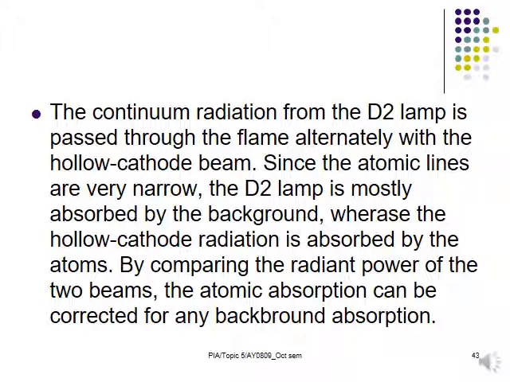Since the atomic lines are very narrow, the D2 lamp radiation is mostly absorbed by the background, whereas the hollow cathode radiation is absorbed by the atoms. So the background absorption can be solved by using continuum radiation like the D2 lamp, the deuterium gas lamp. By comparing the radiant power of the two beams, the atomic absorption can be corrected for any background absorption.